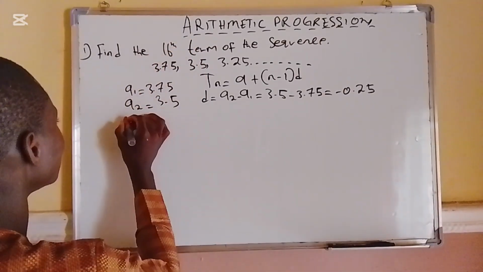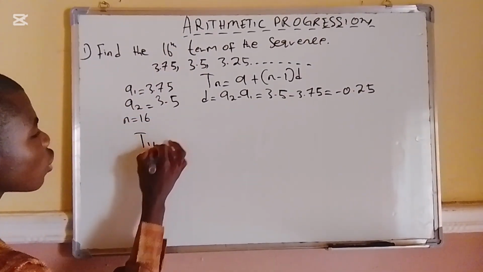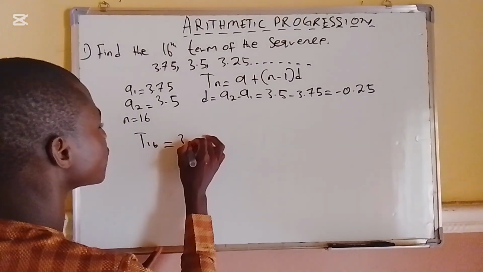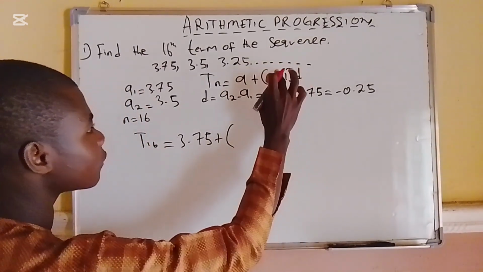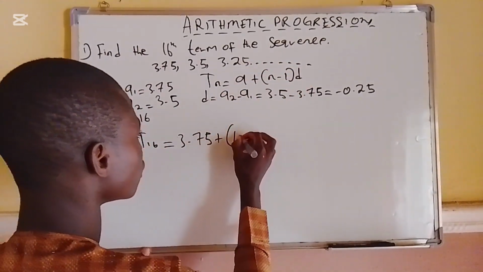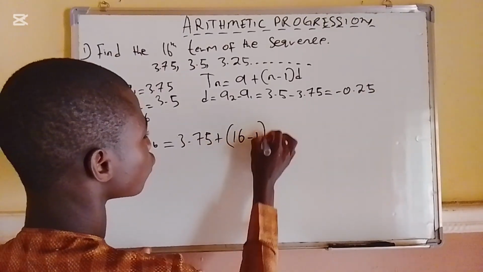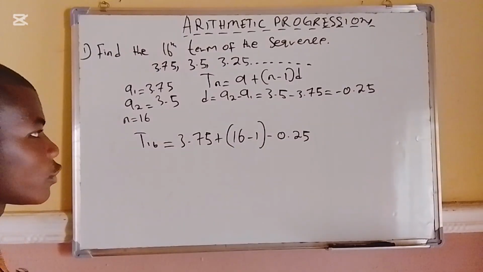The next thing to do, we are looking for the 16th term, so 16 is the number of terms. So T of 16 is equal to the first term, which is 3.75, plus 16 minus 1 into minus 0.25.